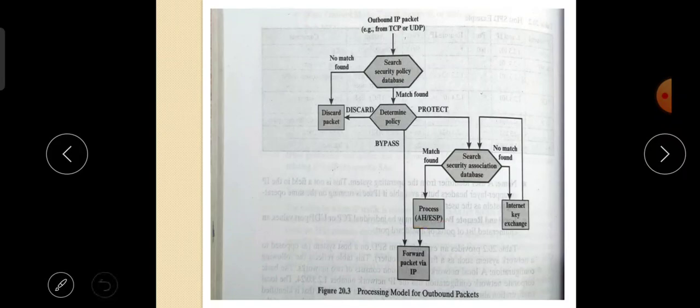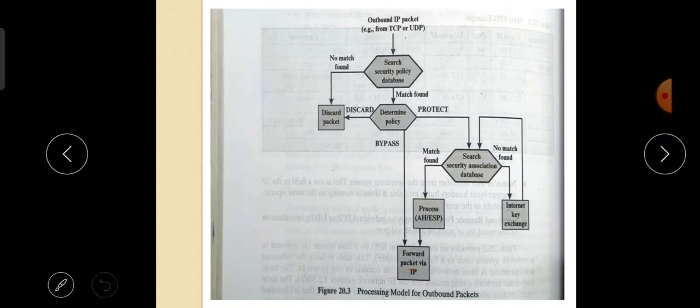Either transport or tunnel mode can be used. After encryption and decryption, the packet is then forwarded for transmission. That is the processing model of outbound packets.